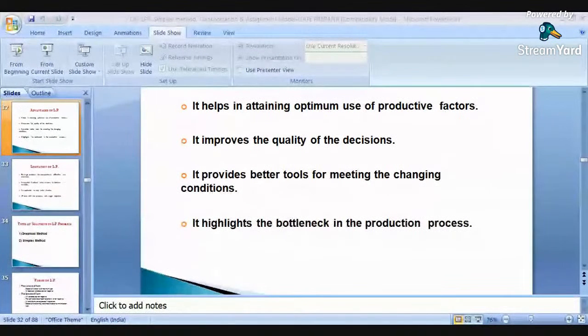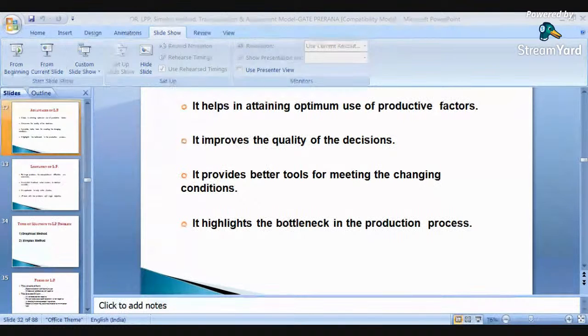If the supply and demand are equal, it is called a balanced transportation model. And if the supply and demand are not equal, it is called an unbalanced transportation problem. If the model is unbalanced, then in that case, we have to add either a dummy row or a dummy column and provide the supply to this dummy row or dummy column to make it a balanced problem.